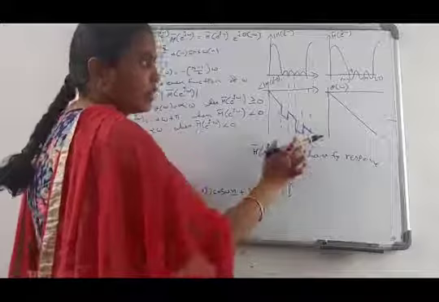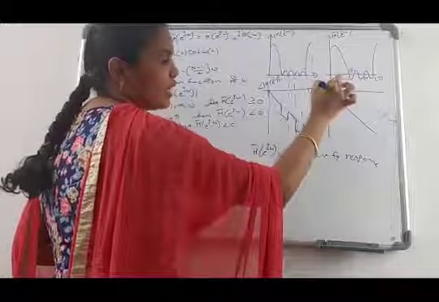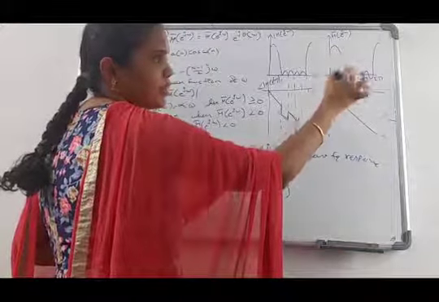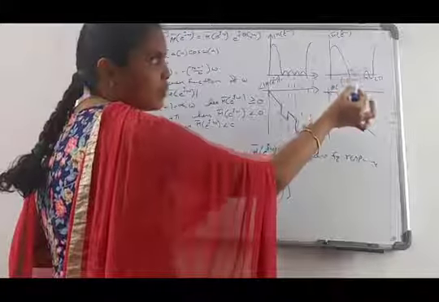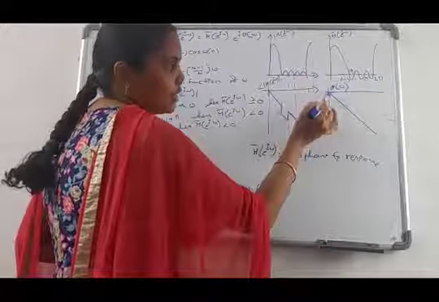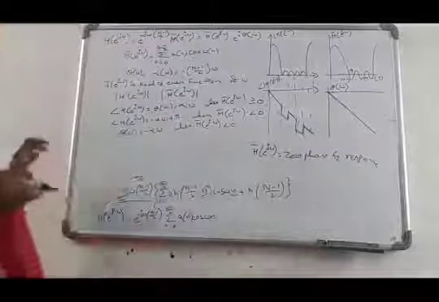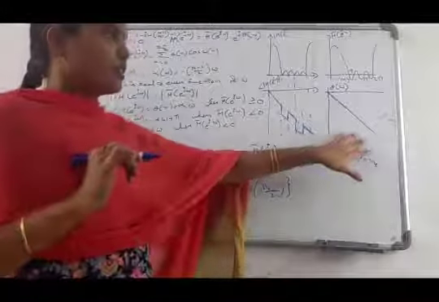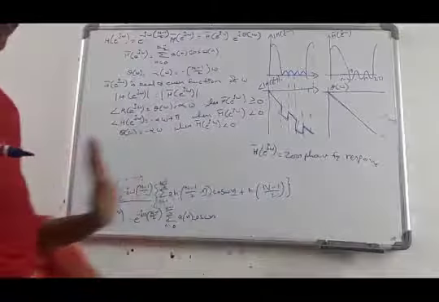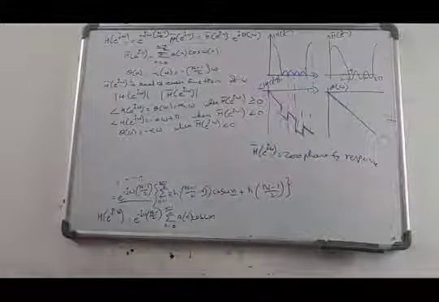The phase angle here is linear because of both positive and negative pulses. So by this graph, we can say this filter is a linear phase FIR filter.